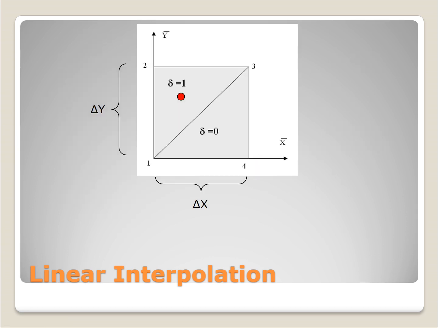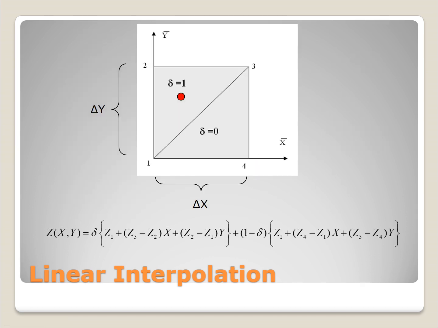So why is that? Well, taking this example, here is my equation. In this equation, we can see that we have delta, and then we have 1 minus delta. If delta is 1, it's going to be 1 times these values, plus 1 minus 1 times those values, so I don't have to worry about this last half of the equation at all.